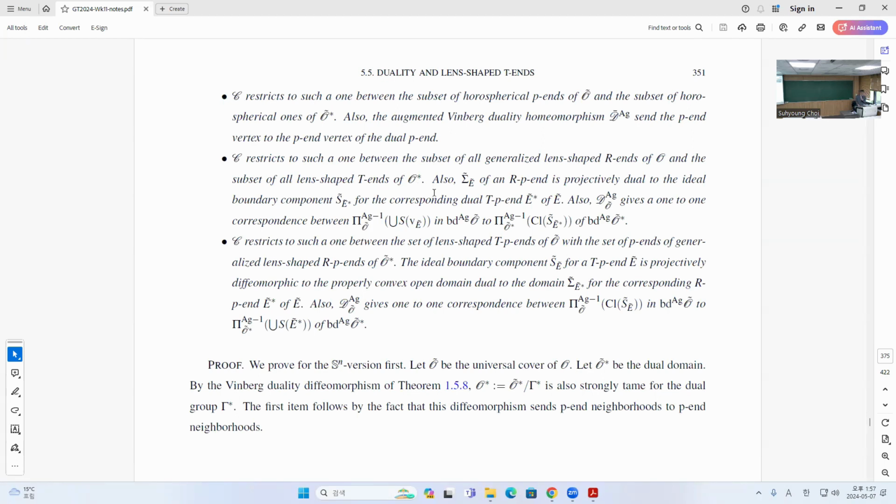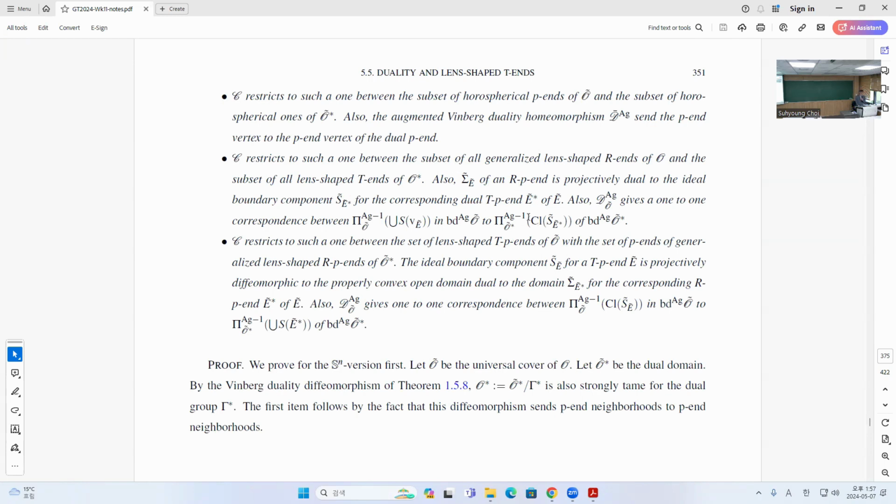Okay, and of course this will send this Rn, which has a vertex, will have, right. So let me just skip this part.